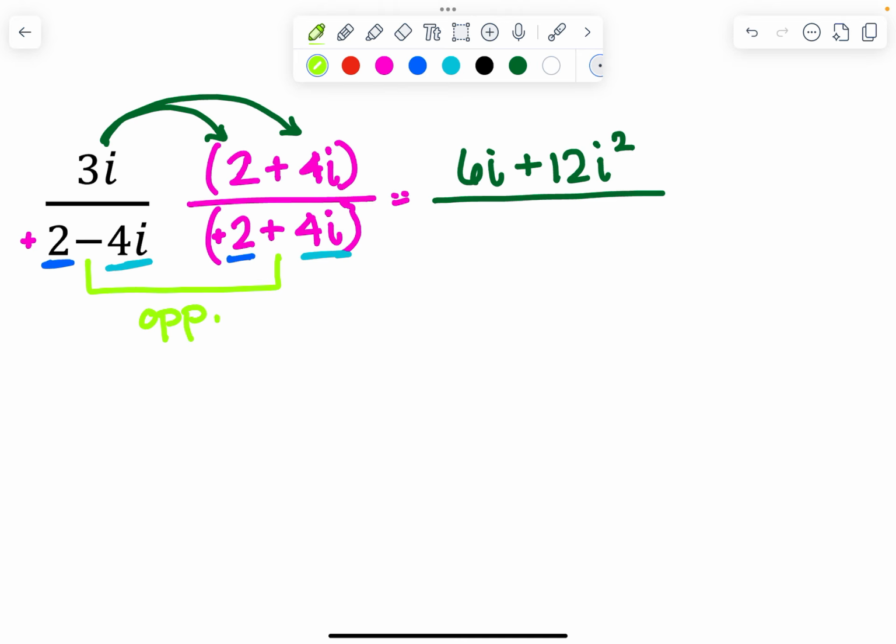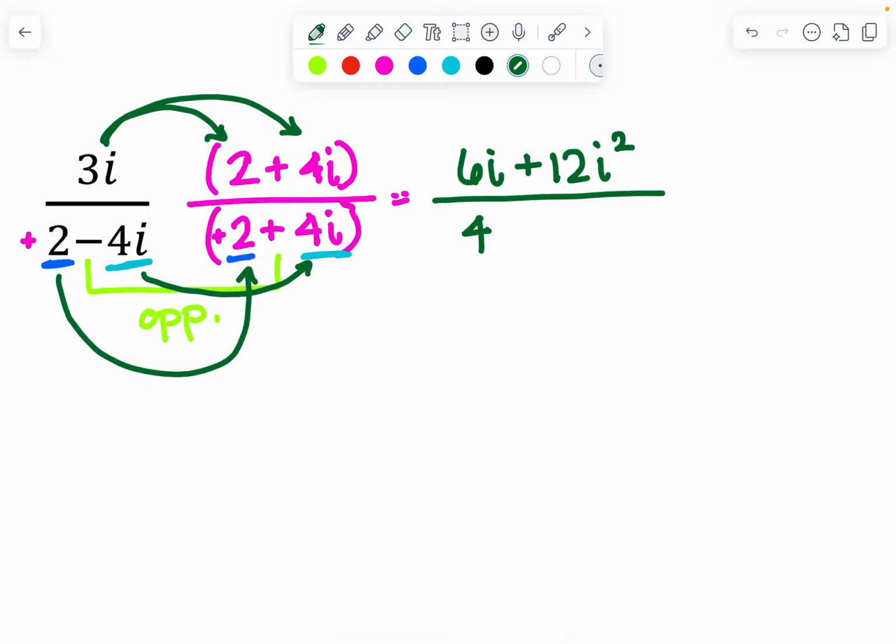So use a shortcut method. 2 times 2 is 4. And then 4i times 4i is a 16i squared. And then a negative times a positive gives me a negative.